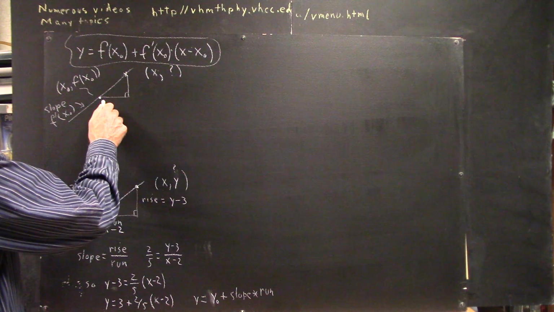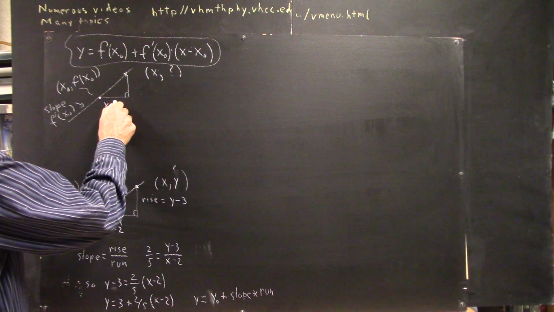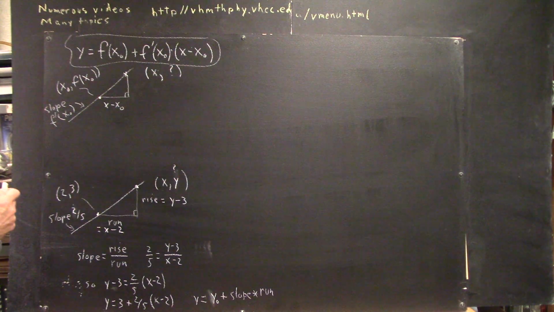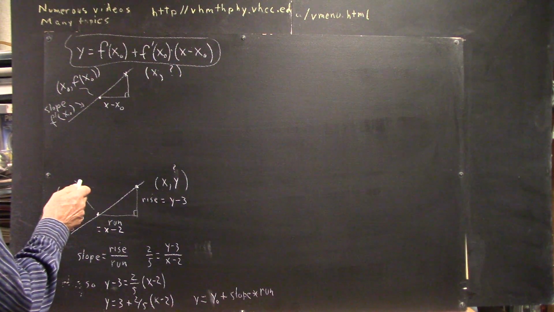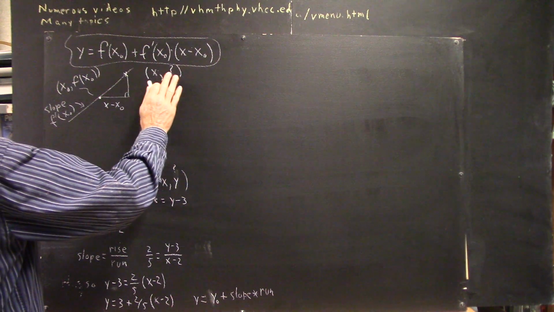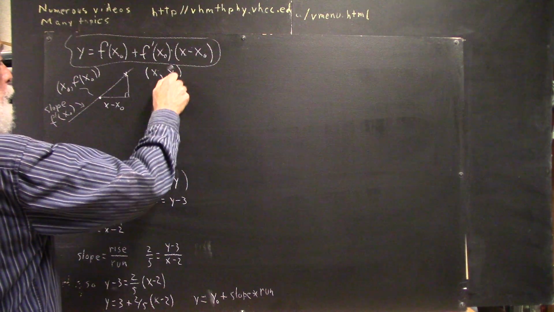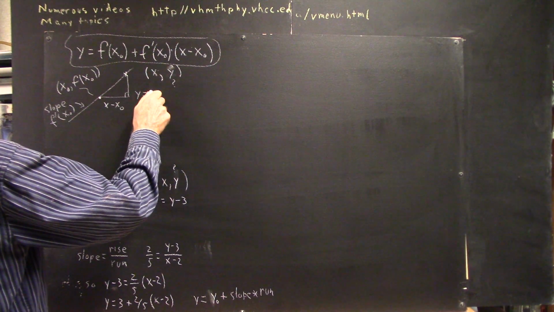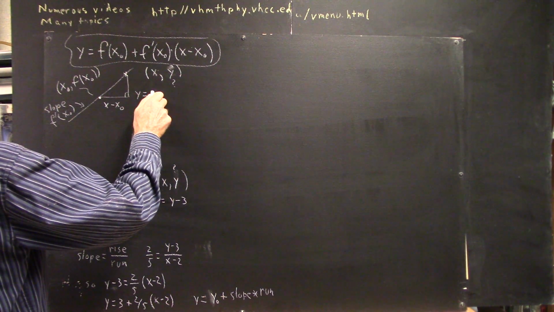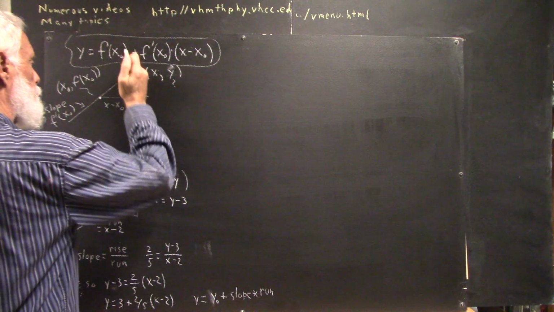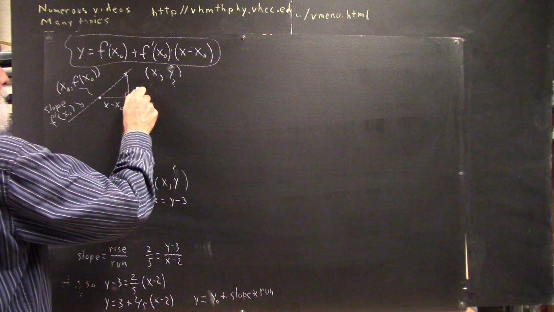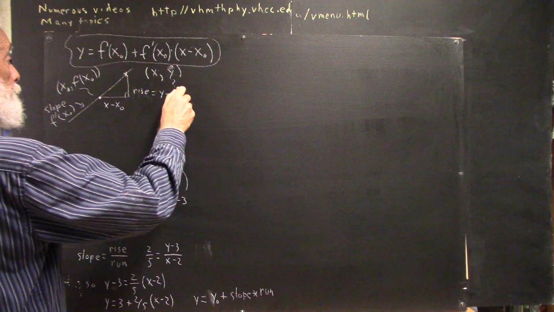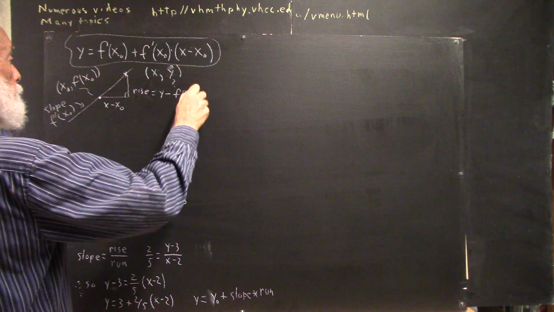The run is x minus x naught. The rise is what? Let's replace this question mark with a little y. The rise equals y minus f of x naught.